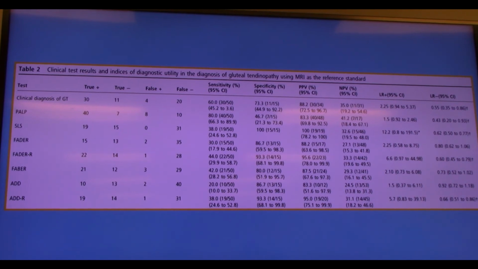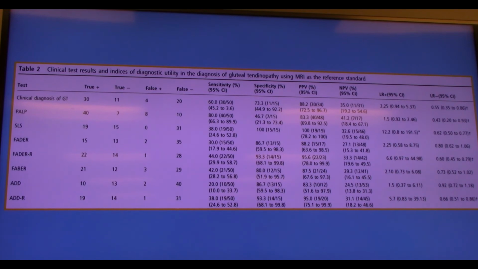Looking at the first row, the clinical diagnosis of gluteal tendinopathy, it's a bit confusing because GT stands for gluteal tendinopathy, not greater trochanter. 30 of the patients who had gluteal tendinopathy were detected using palpation plus one other test, but 20 patients were found to have gluteal tendinopathy on MRI but not detected on the clinical testing.